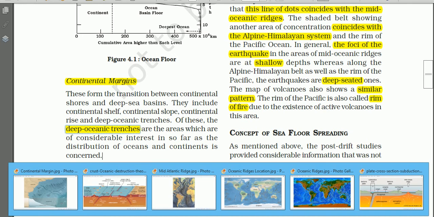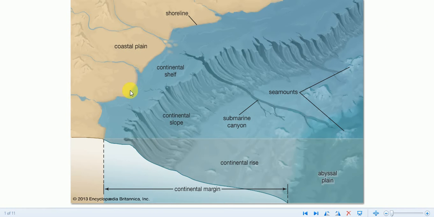Now let me show you a diagram showing the continental margin. This area shows the continental portion, and here we have the shoreline. The continental margin refers to the areas from the shoreline up to the end of the continental rise. Here we have the continental shelf, a gentle slope area.